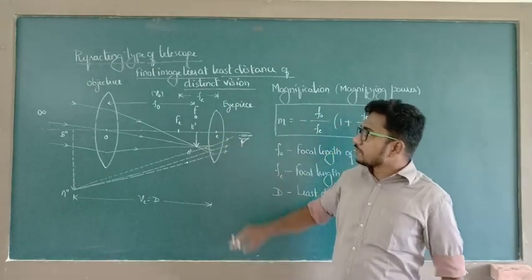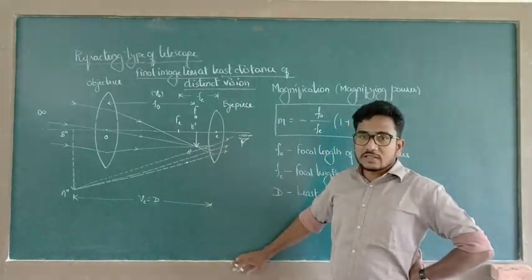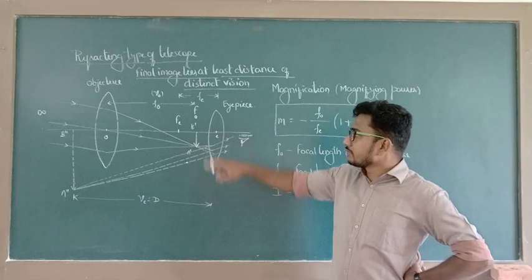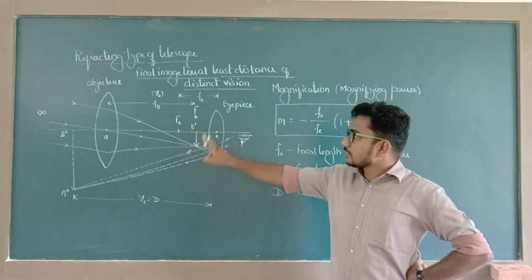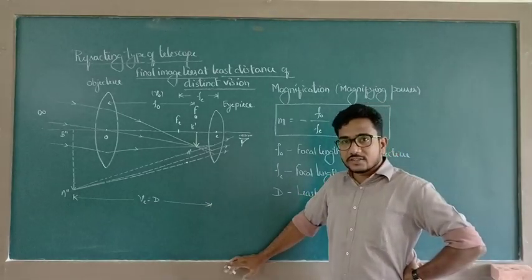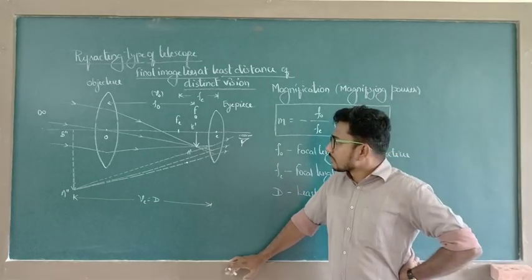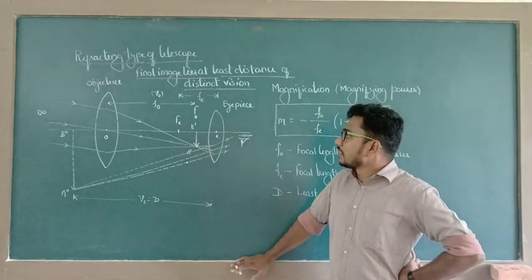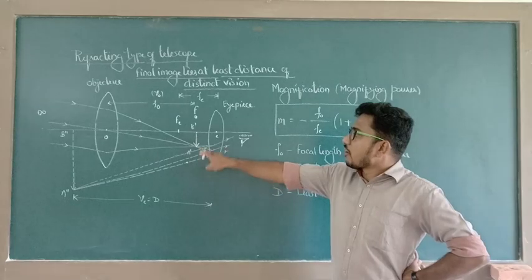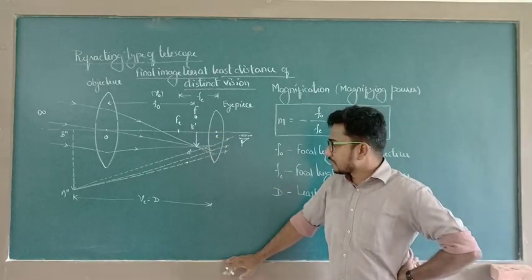With respect to objective, A dash B dash is image. With respect to eyepiece, A dash B dash is object. And finally, image of A dash B dash lies at least distance of distinct vision. By adjusting the distance between optical center of the eyepiece and object A dash B dash.